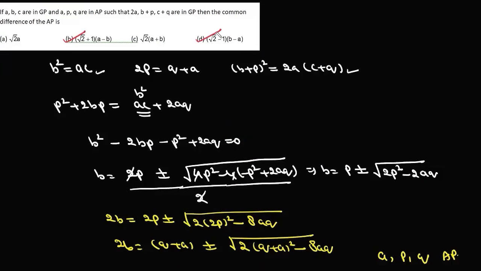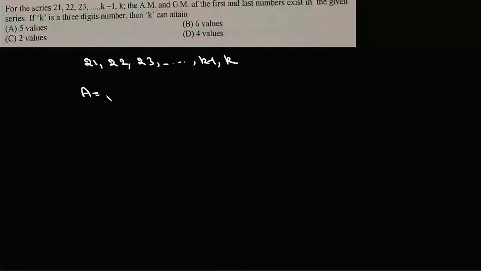Now the question is, for the series 21, 22, 23 up to k minus 1 and k, the AM and GM of first and last numbers exist in the given series. If k is a 3-digit number, then k can attain how many values? Now, if we look at their arithmetic mean, it will be 21 plus k divided by 2.